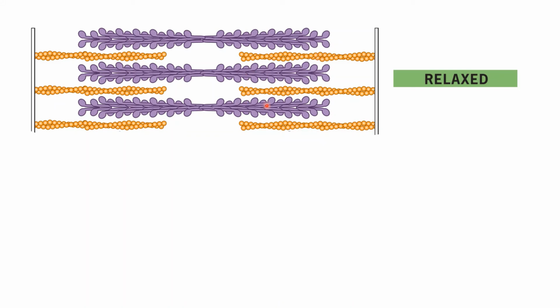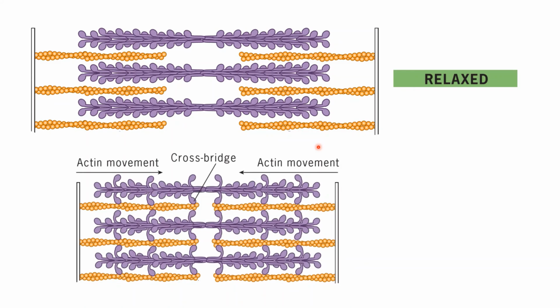And so the muscle is its usual length. But when the muscle contracts, the myosin heads actually are now in contact with the actins, and they sort of pull the two actin components from each side of the sarcomere towards the center, and the whole muscle fiber shortens or contracts.